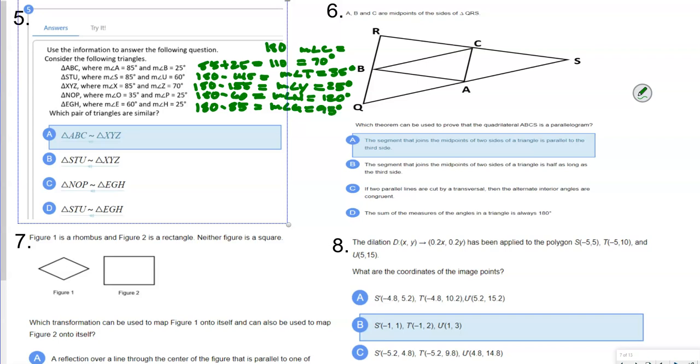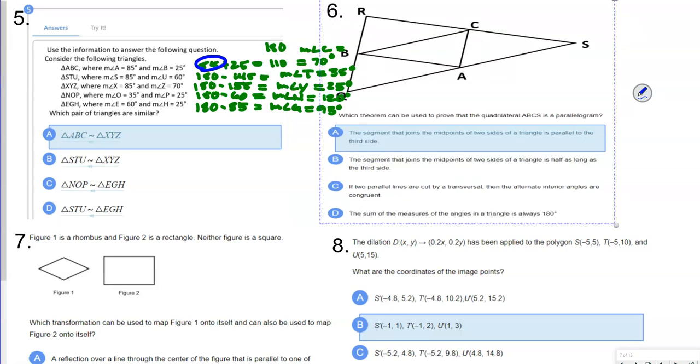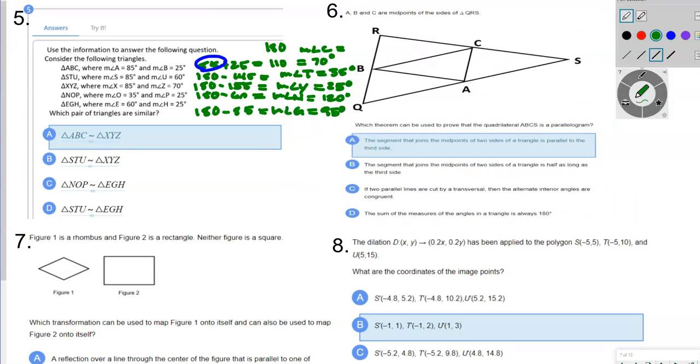Okay, so now what we're looking for is ones that match, right? So our first triangle says, under the information following, we want to find which pair of triangles are similar. So we have 85, 25. Let's see if we can find some that match. So we got an 85 here. Where else do we have an 85? So let's circle some other 85-degree angles, okay? So I got an 85-degree angle there, and I got an 85-degree angle there.